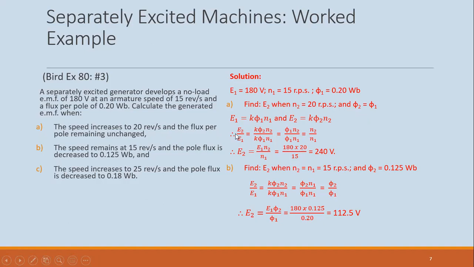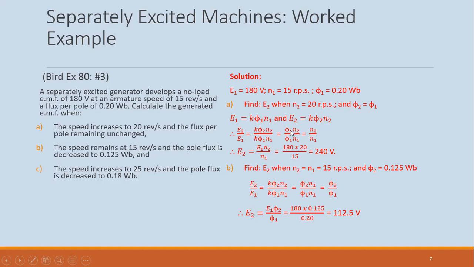Therefore, these two relationships can be divided. We write E2 divided by E1, since we want E2 in the numerator. So E2 over E1 is equal to K phi 2 N2 divided by K phi 1 N1.